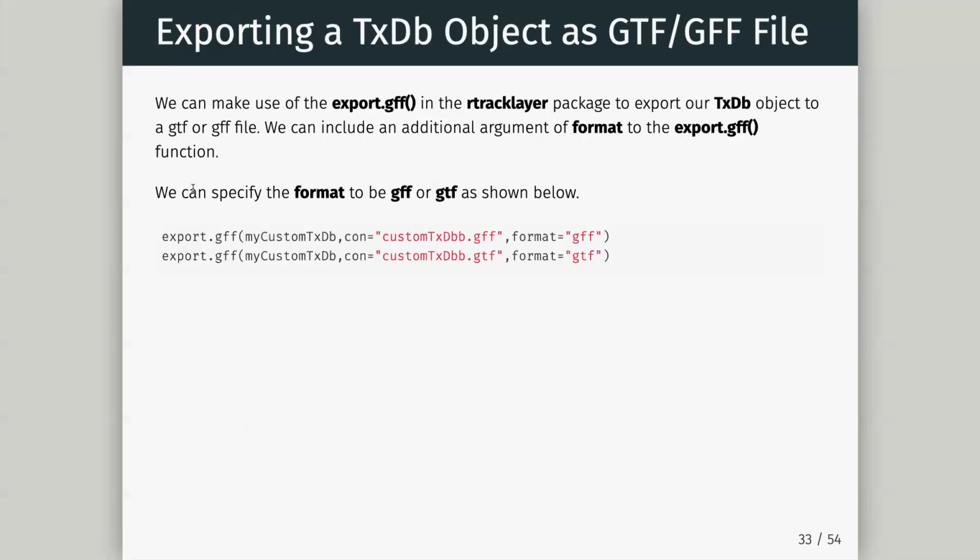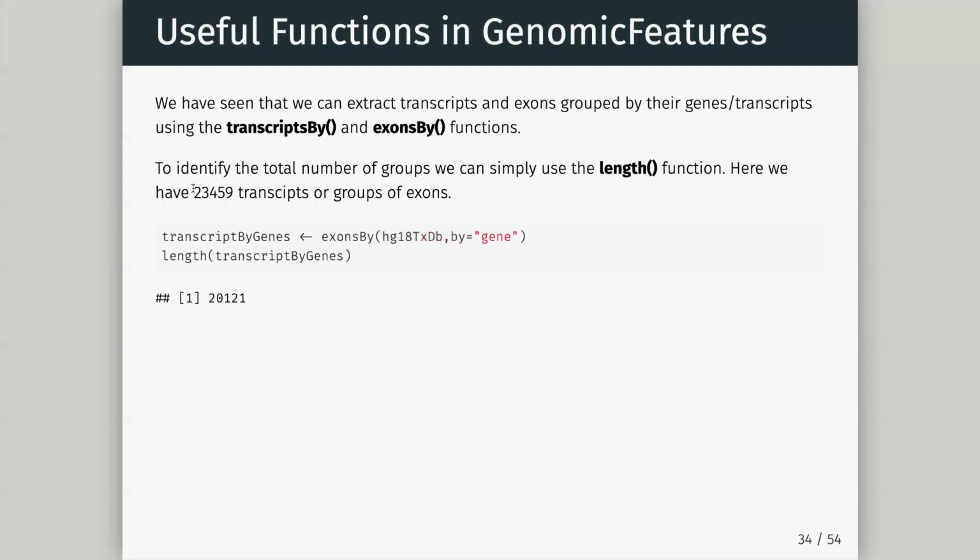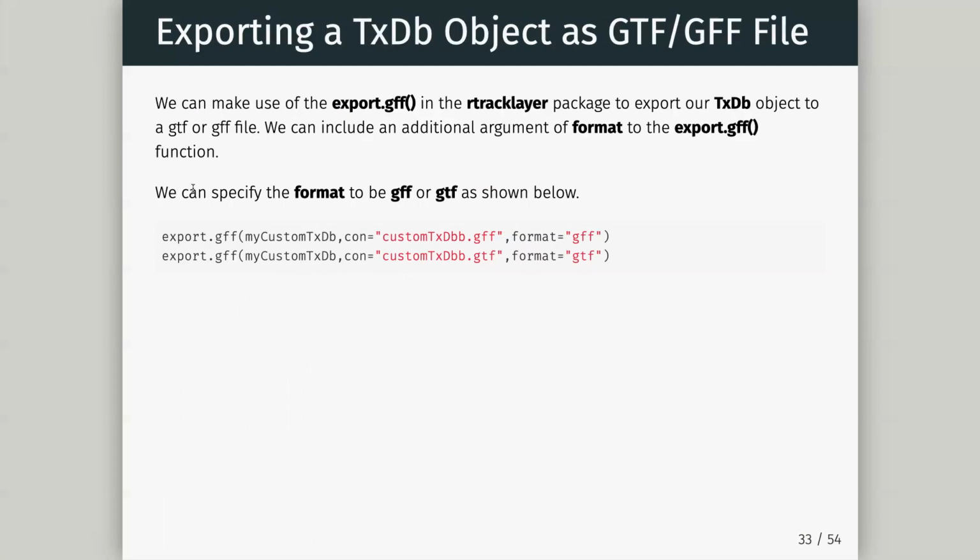Once you've created your GFF or GTF, and often I will import a GTF, remove genes of a particular class, maybe from a particular list, and then maybe export them again so I can look at them in IGV or give them to a collaborator.